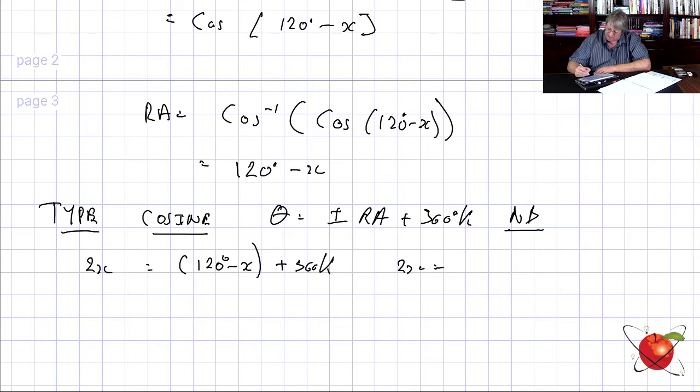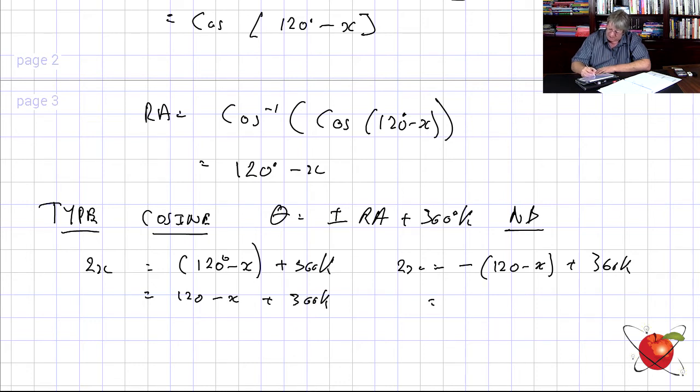And 2x must be equal to minus 120 minus x plus 360k. Expand the brackets here, must be equal to 120 minus x plus 360k. X goes to the other side, 3x is equal to 120 plus 360k. X is going to be equal to 40 plus 120k.